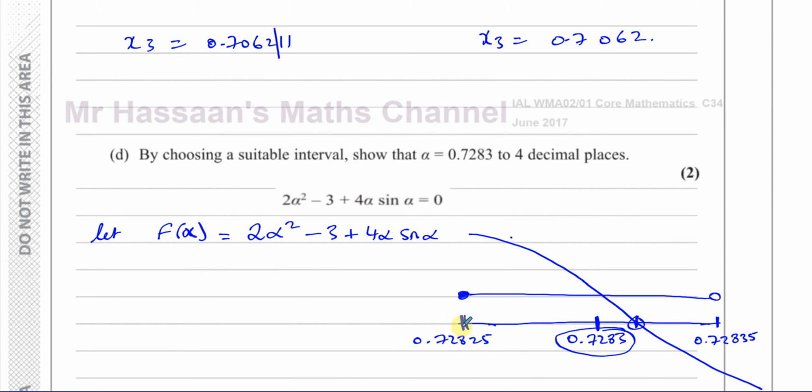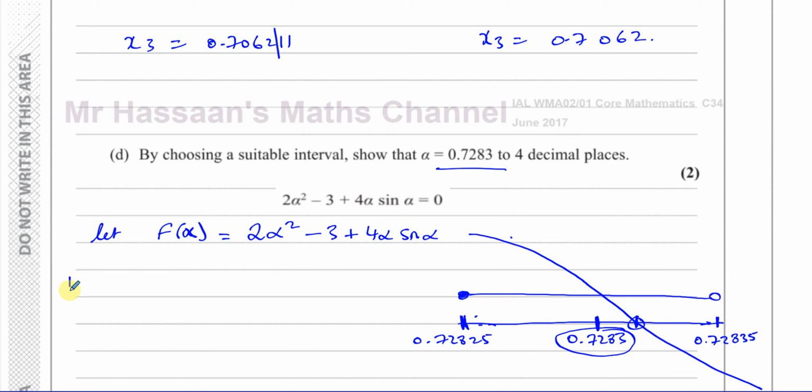That's the lowest value that gives you that number when rounded to 4 decimal places, and this is just after the highest value. So if the root lies anywhere in this region, it will round to this to 4 decimal places. So if I can show that the root lies between these two values, then I have proved that this is the root to 4 decimal places.